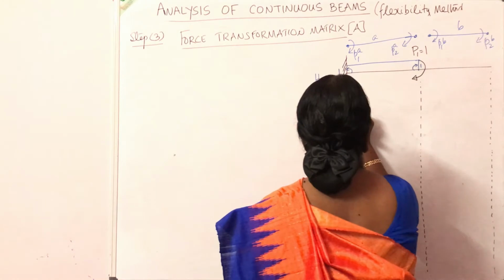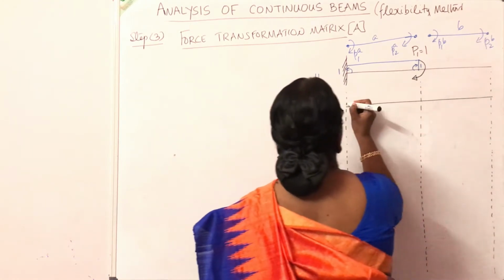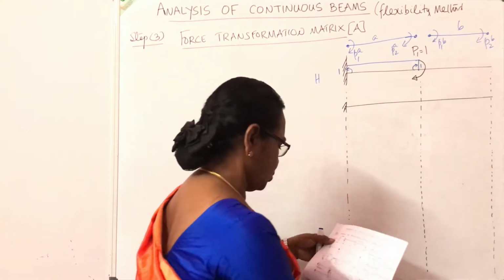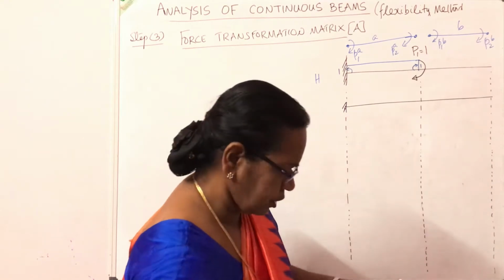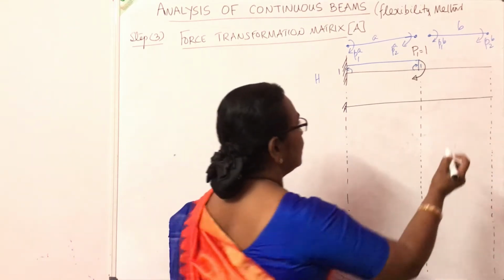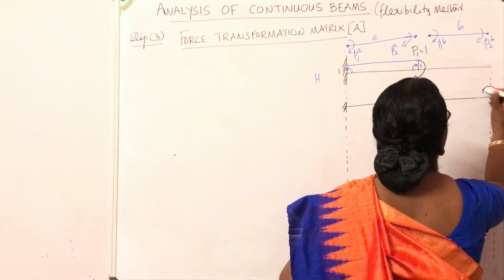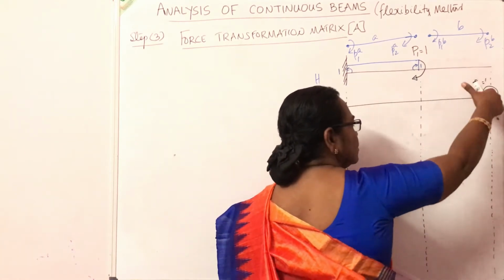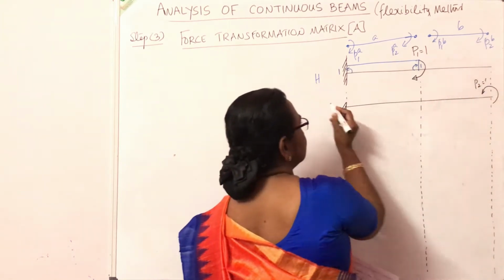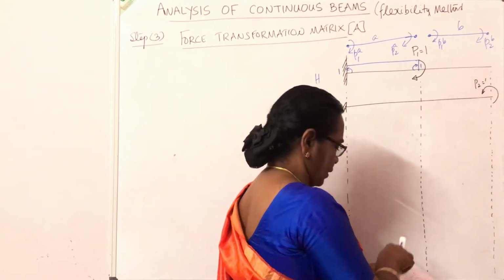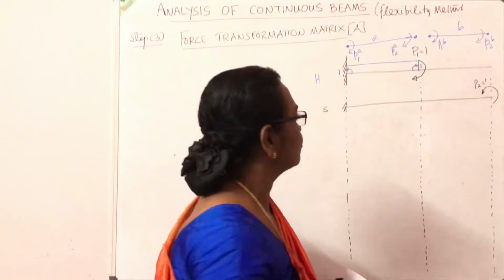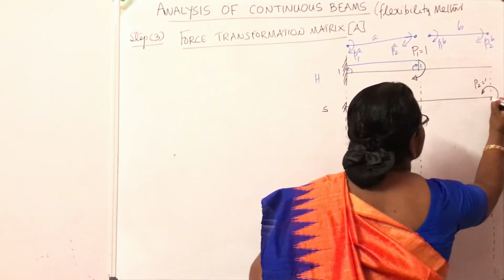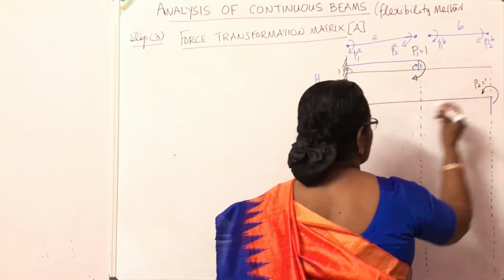Now, the second one: you give P2 equal to 1. P2 is an anti-clockwise moment at this end. So this beam tends to bend downward, and it produces a sagging moment. So when P2 is equal to 1, if you draw the bending moment diagram, it tends to bend the beam down.